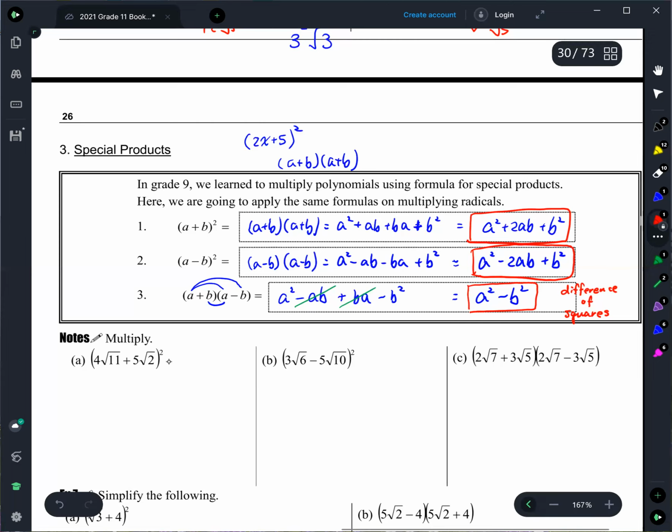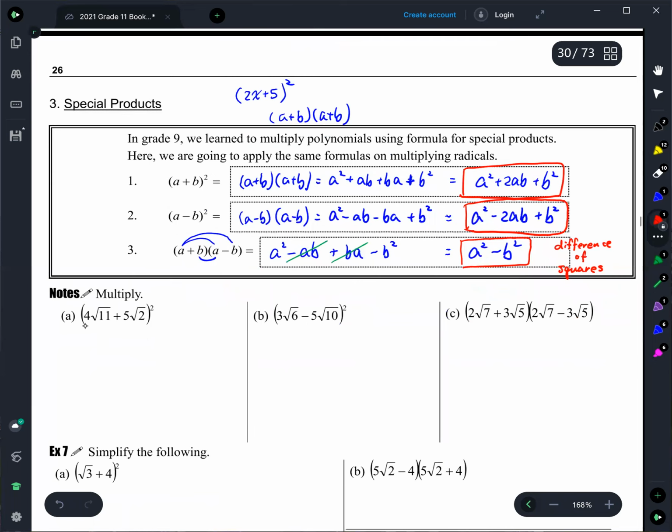Okay, so let's look at our question A. First example here. For question A, which formula do we use? Does it have to do with 1, 2, or 3? Tony, which one do you think we need to use?